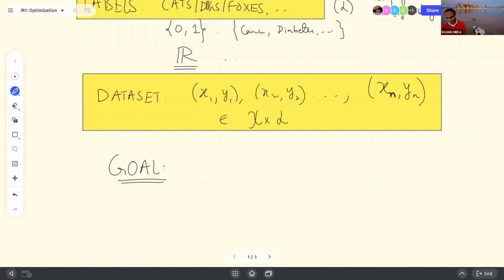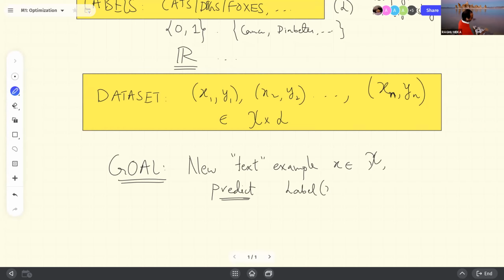So our goal is, given a new test example, to predict. So that's our goal.